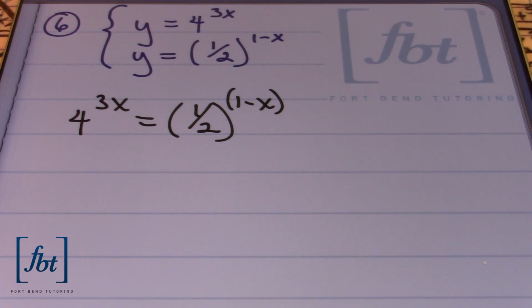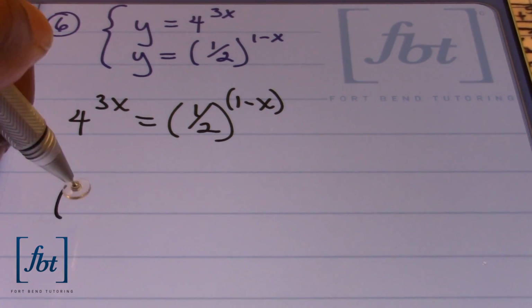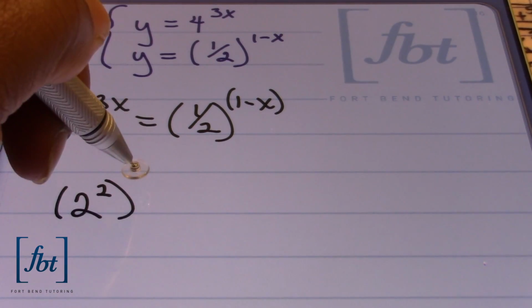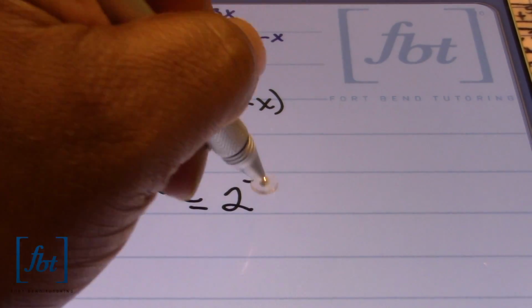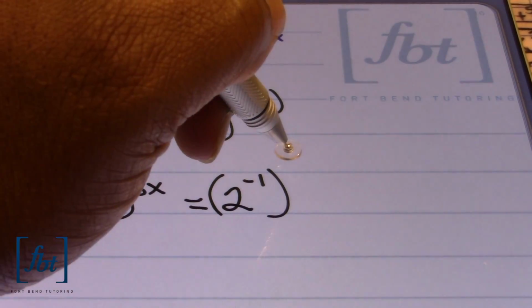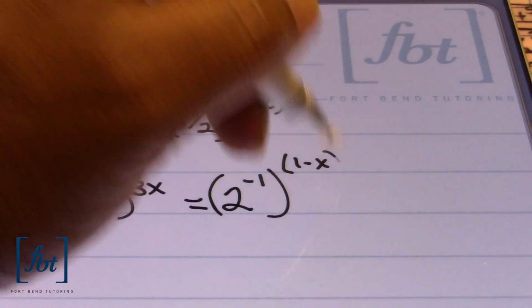And from here, I'm sensing I'll be changing everything to have a base of 2. So from the left side, I'll be rewriting the 4 as 2 squared raised to the 3x. And on the right side, I'll rewrite it as 2 to the -1st power within those parentheses, raised to the 1 minus x.